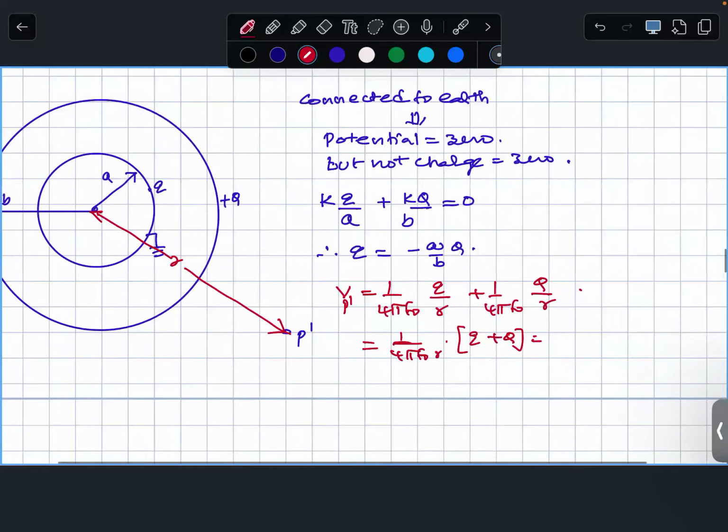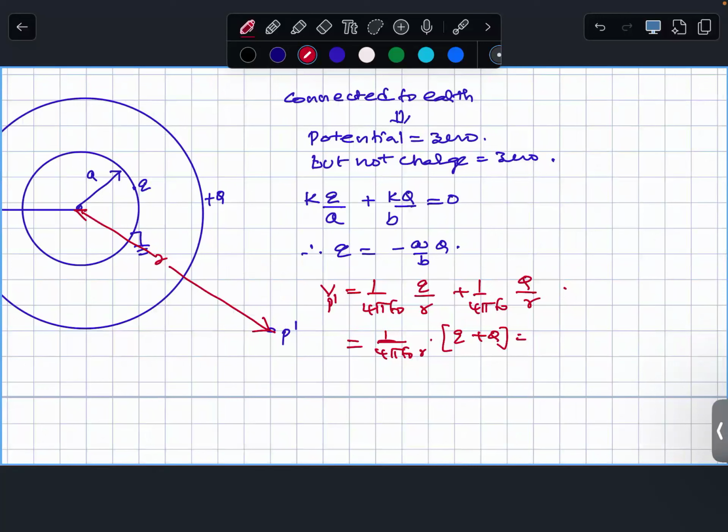Can you please help me? What is the Q plus Q dash? So this will become B minus A by B times Q by 4 pi epsilon naught. So I have just given you some elementary discussion of concentric shells.